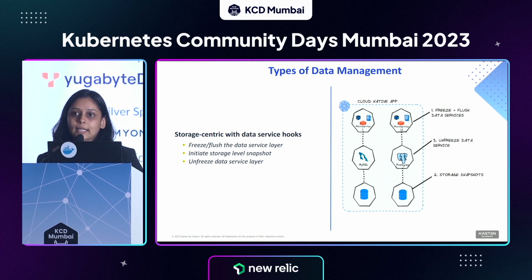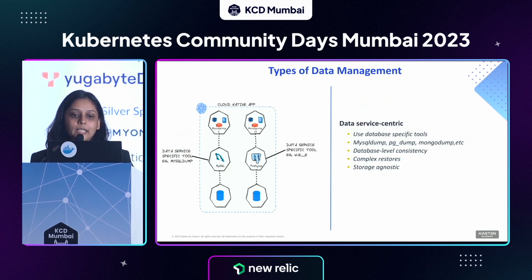In this case, the second type of data management approach is effective, where we make API calls to the application or database and tell them to freeze or flush the data whenever the snapshot is being taken, then take the snapshot, and then you can unfreeze the data.